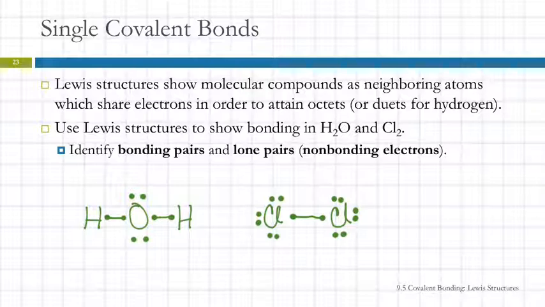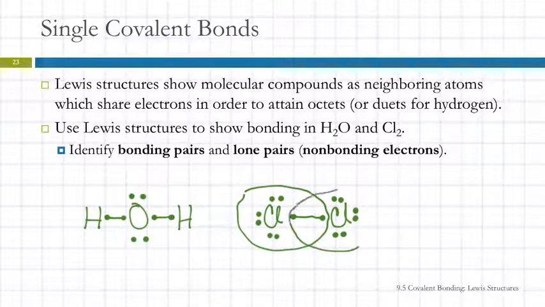Shared electrons count for both atoms. So this chlorine can count 8 valence electrons, and the other chlorine can count 8 valence electrons. Okay? Any questions about that? Again, I don't want those circles in there.